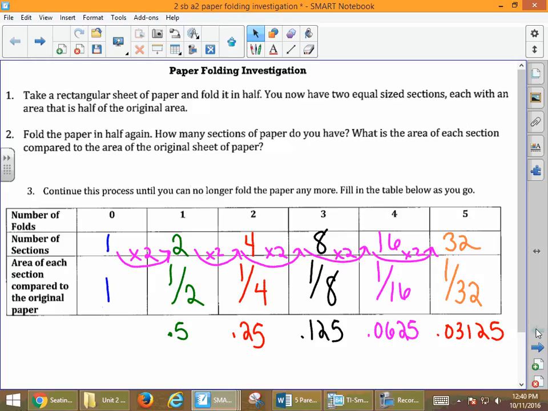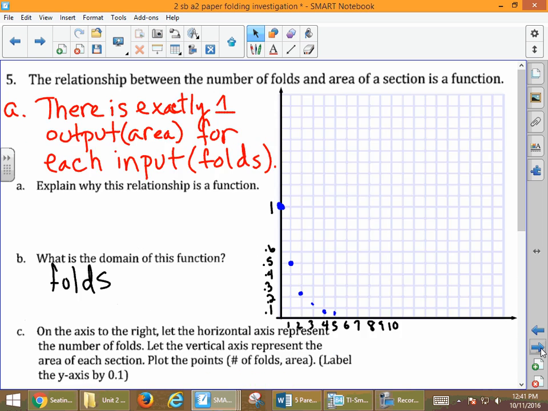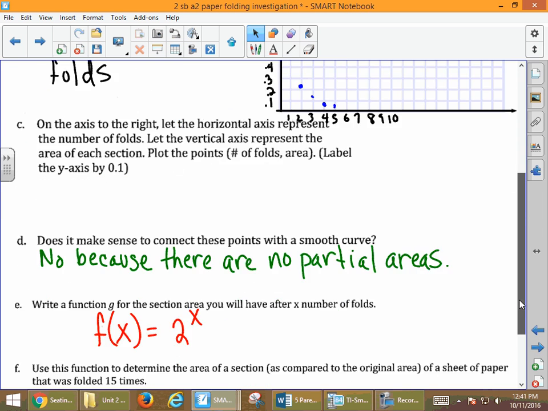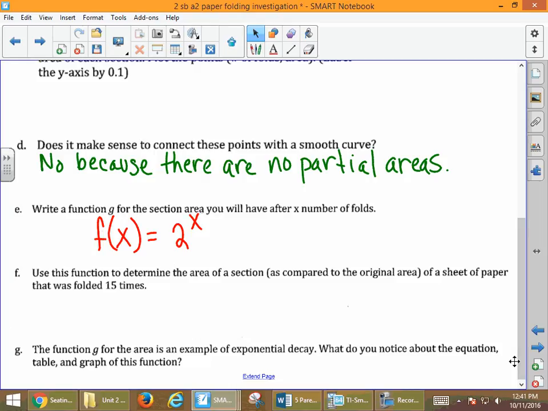This 1, 1/2, 1/4, 1/8, 1/16, 1/32. What can we do to our function so that we end up with a fraction? What's going to cause us to get a fraction? Somebody said it. Yep. And it's going to actually be 2 to the negative x.